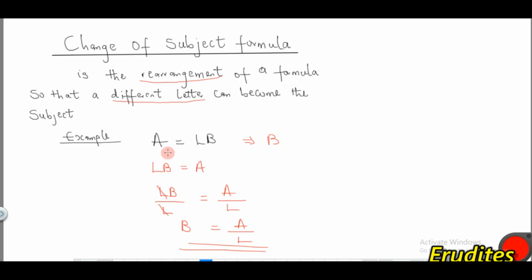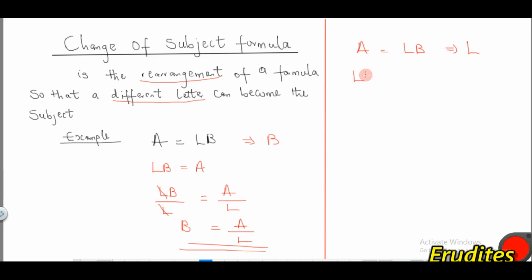Also, I can say make L the subject of the formula. How do I go about that? If I ask you to make L the subject of the formula, I have the equation A is equal to LB, right? Now I want to make L the subject of the formula. So I would rearrange this expression so that L can become the subject.